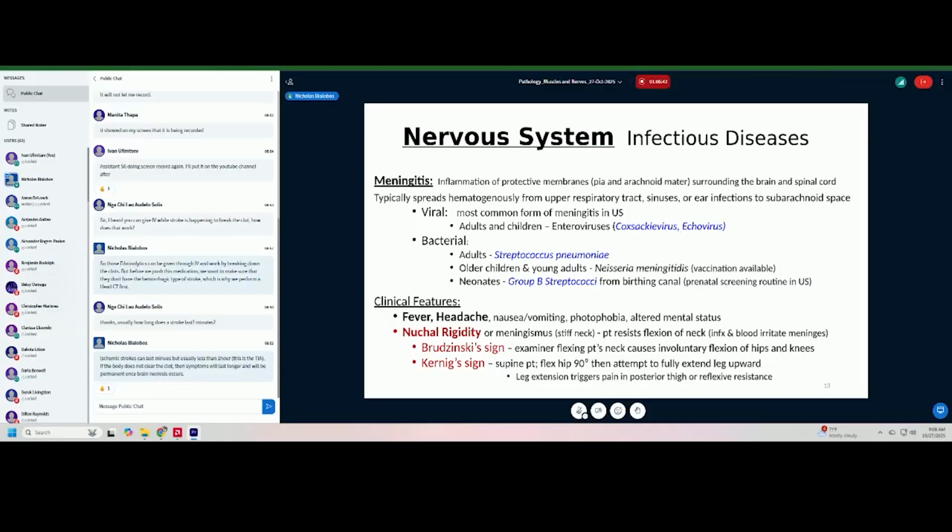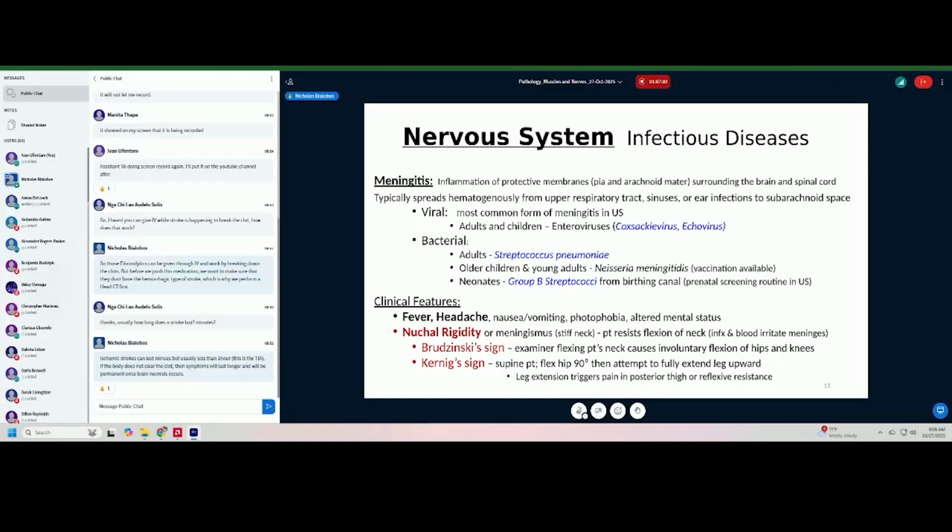One is called the Brudzinski sign. This is where we have a patient lay down flat on their back. Then we flex their neck, and that irritation is going to cause pain in the actual spinal cord because those meninges are inside the spinal cord as well.